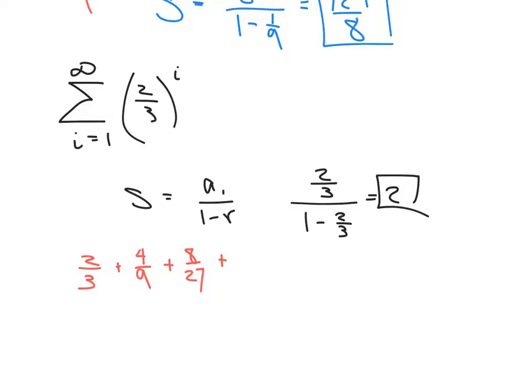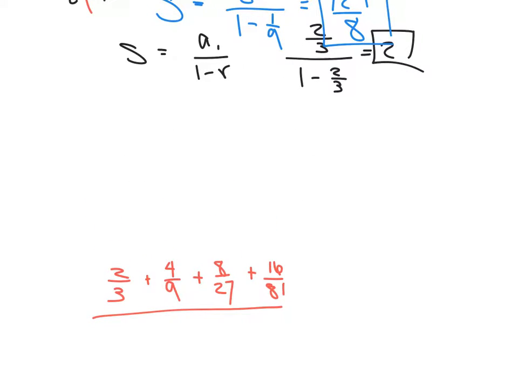Our 4 is going to be 16/81. Okay, let's stop there. And notice what's happening. Each time we go to the next number, our numbers get smaller and smaller and smaller. So we're still approaching 2, but very, very slowly as we continue on.